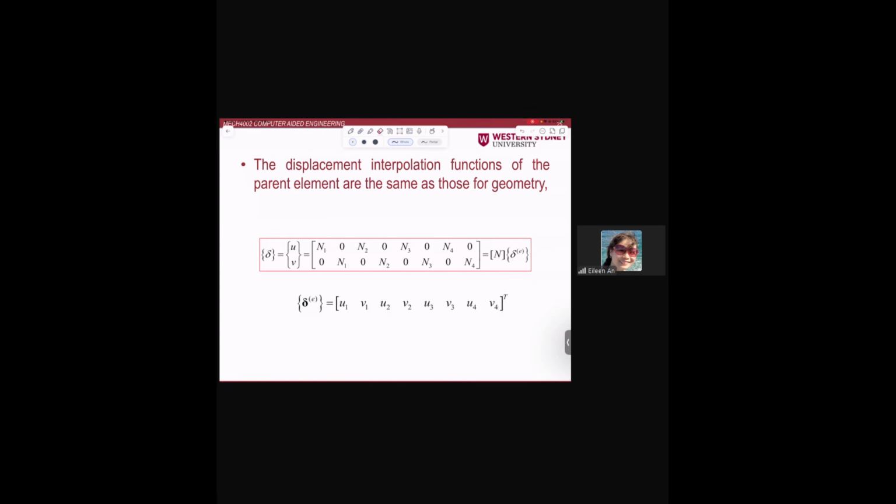For example, if we want to calculate the displacement at a certain point, at point P, we need to use the shape function matrix multiplied by the node displacement matrix. Okay, this equation is not very clear, so let me rewrite it.